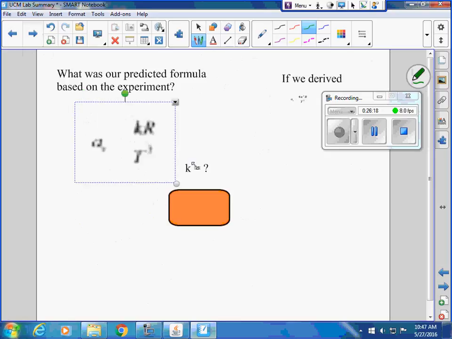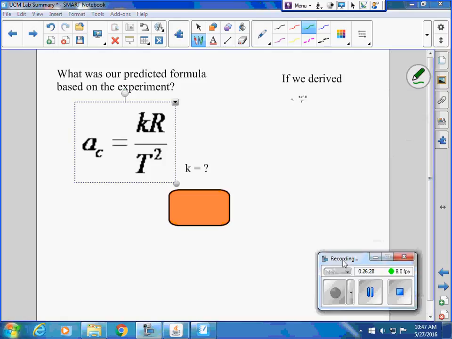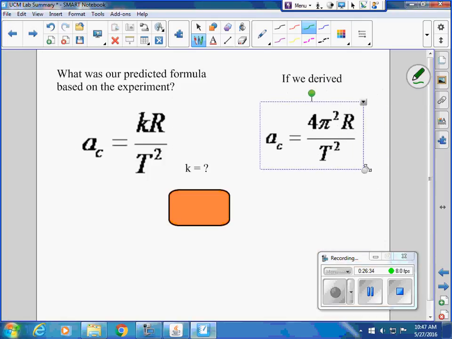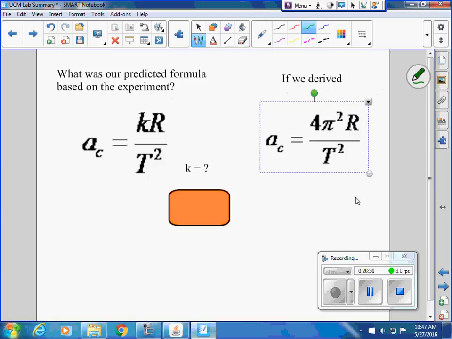Based on the relationships from the graphs, we said that A_C was equal to K R over T squared. We just derived A_C is equal to 4 pi squared R over T squared. So what does that tell you? What is our value of K? 4 pi squared.